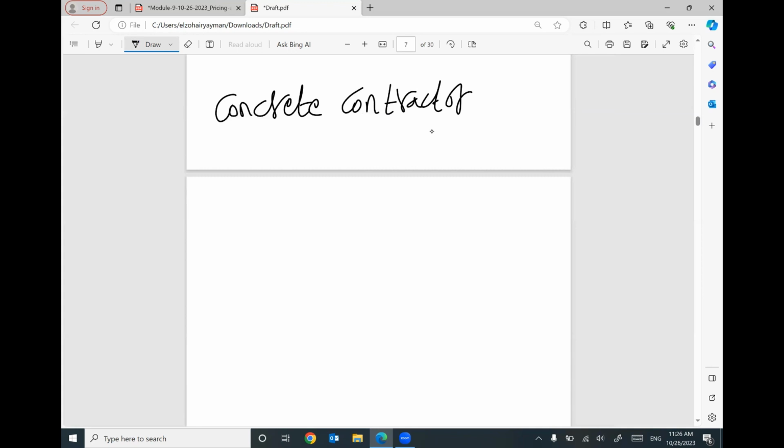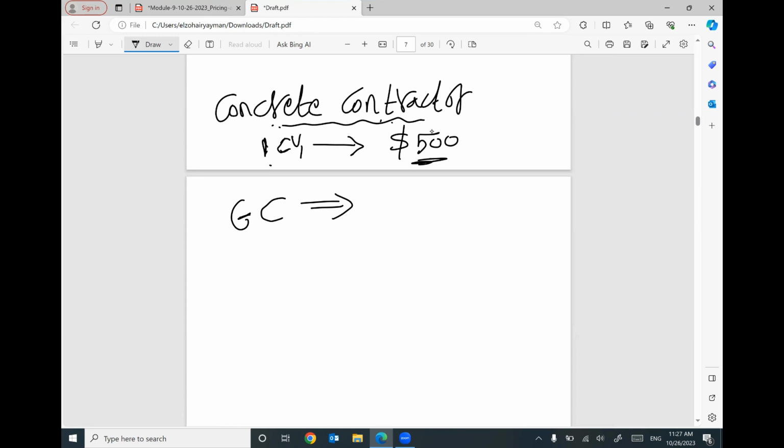This contractor is only to pour concrete, to finish the concrete activity. This contractor will tell you, hey, 1 cubic yard of concrete will cost you $500. As a general contractor, I don't care about the equipment, the labor, the material, because this subcontractor will give me the price for everything.